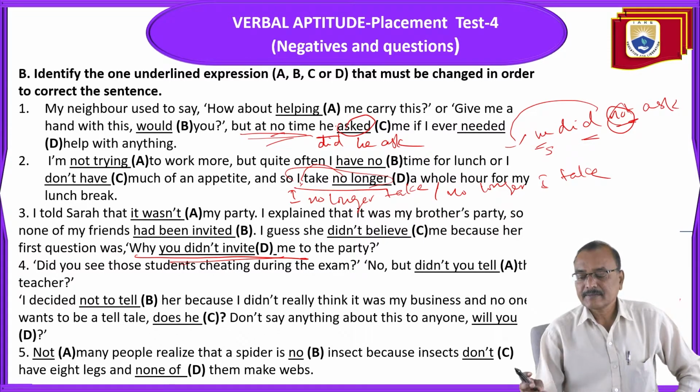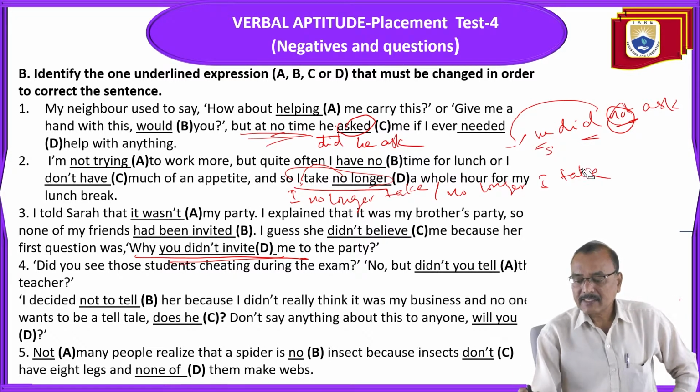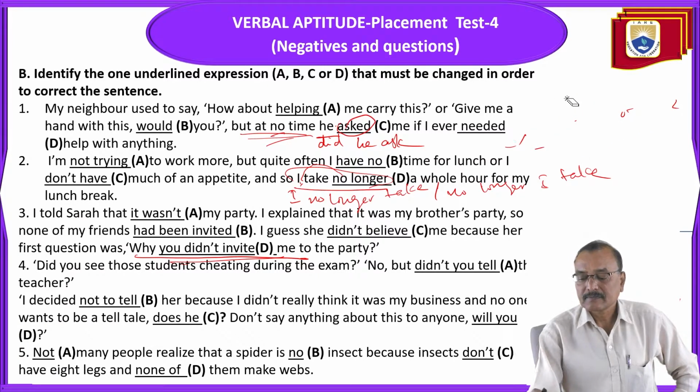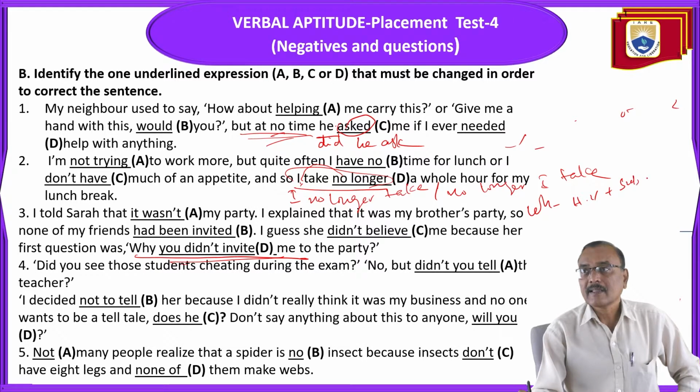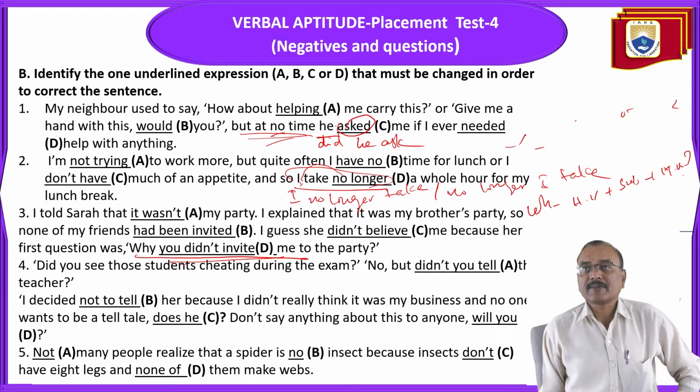Generally, in the question here, first the WH form, then the helping verb, then the subject, then the main verb, then the question mark. This is the structure of a question.